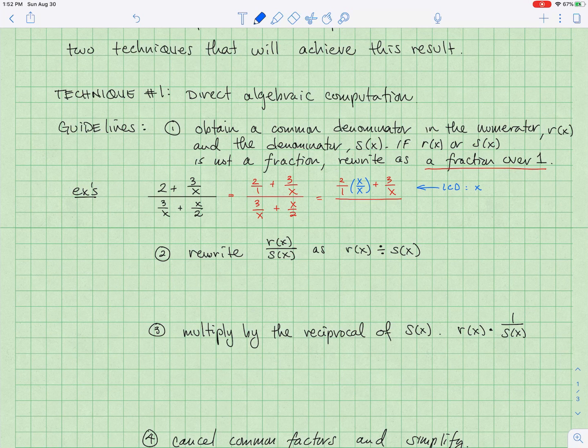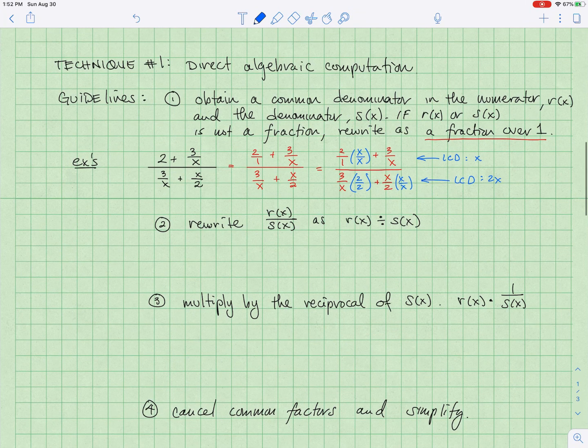So hopefully you're well versed in the art of getting a common denominator. In the denominator of the complex rational expression, we have 3 over x plus x over 2. And in the denominator, the LCD is a little bit different. The LCD is 2x. So that's going to need a 2 top and bottom, and this one is going to need an x top and bottom.